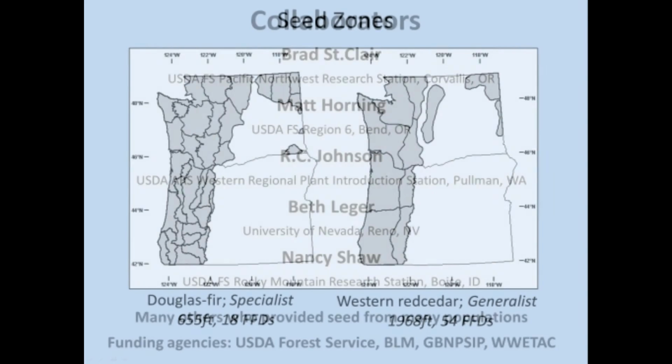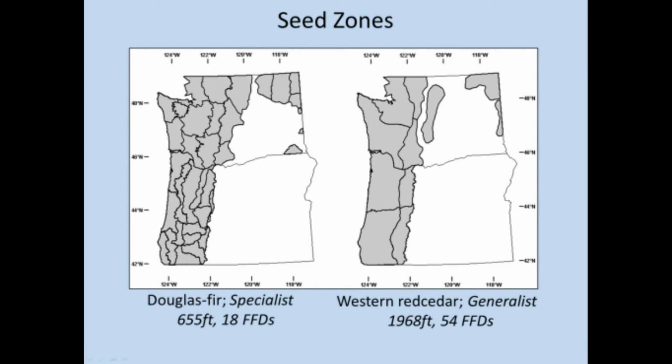As you can see, Doug fir is much more of a specialist species, whereas western red cedar is much more generalist. And also in these cases we do it by elevational band, and the elevational bands are a lot smaller within Doug fir. So that's basically what a seed zone is.